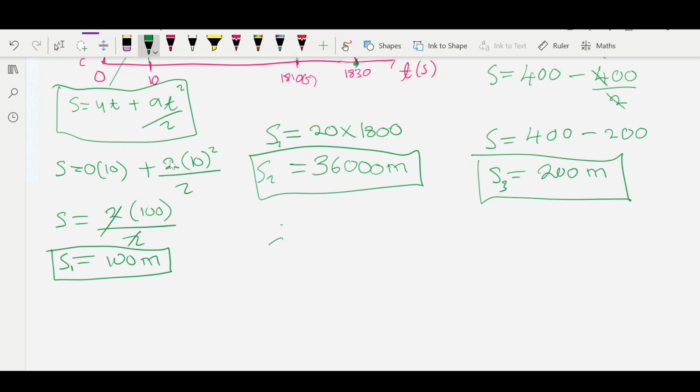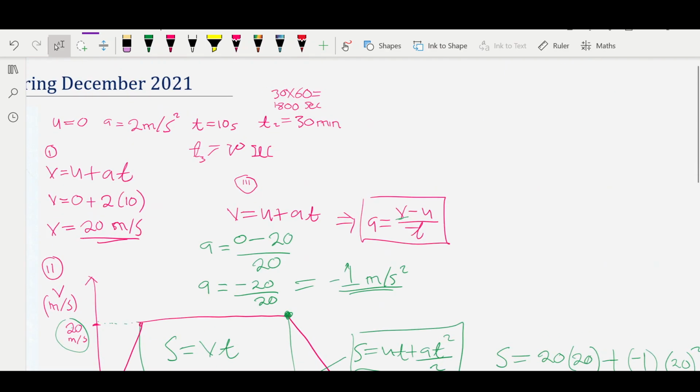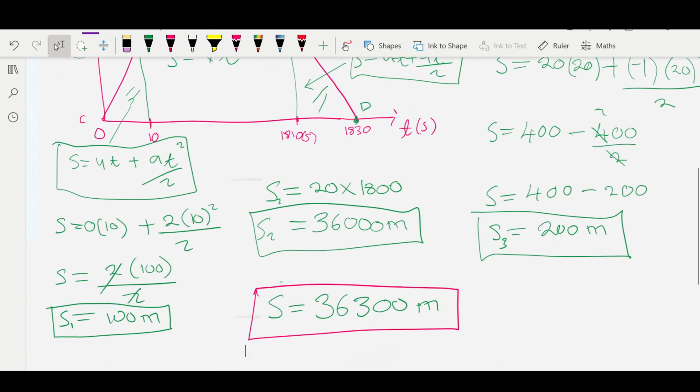So the total distance is equal to 36,300 meters. So this is our total distance. What is our total distance? It is 36,300 meters. Okay, what is the other question?